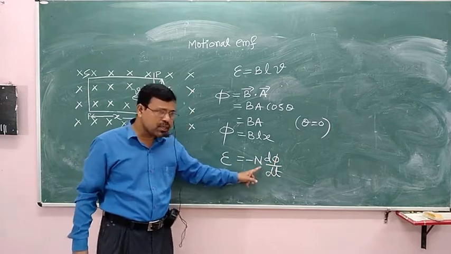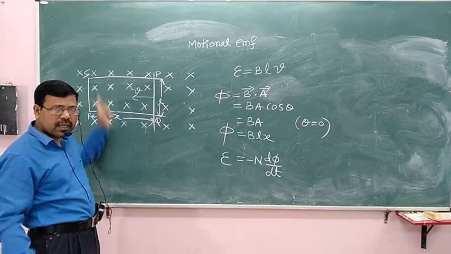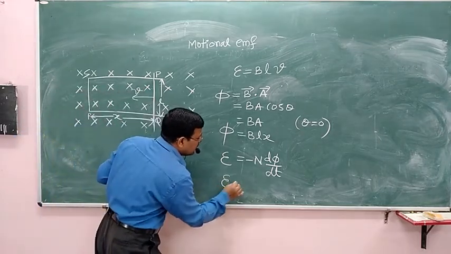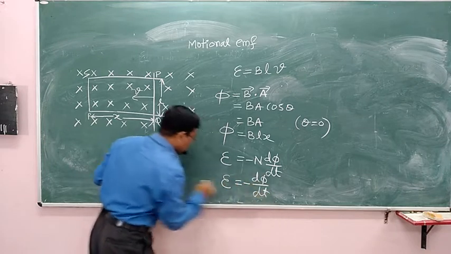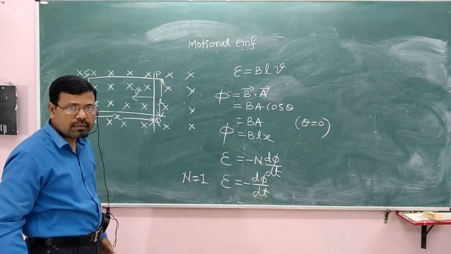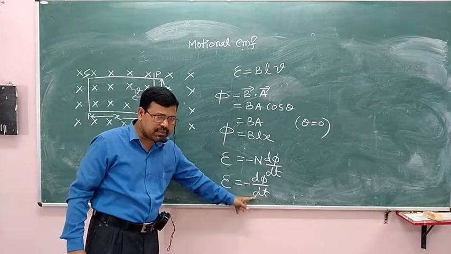It also depends on the number of turns in the coil. Here there is only one turn, since N is equal to 1. Therefore we write E equal to minus d phi by dt.